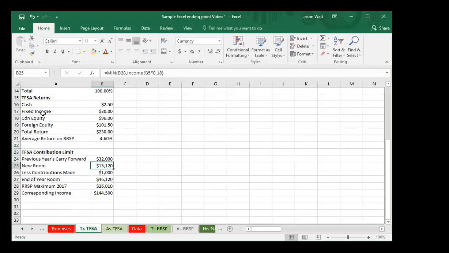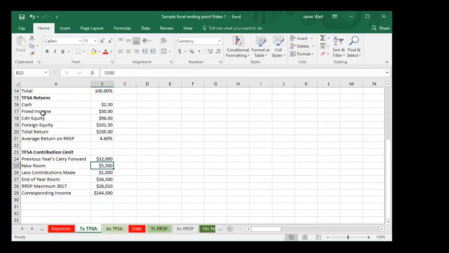And his new room is going to be, now this is a little bit tricky here. The new room here is entirely dependent on the background figure for the TFSA. And what it really is, it's $5,500 this year, 2017, of new room. It does grow with inflation. I'll show you in a moment how to take care of that.